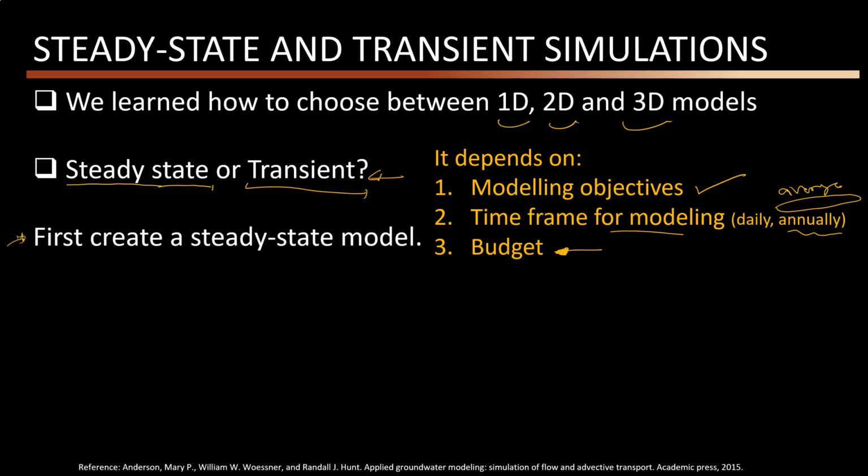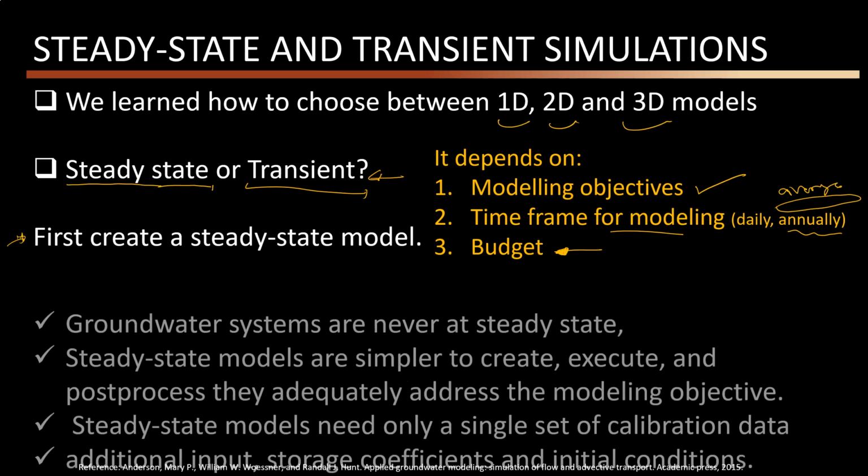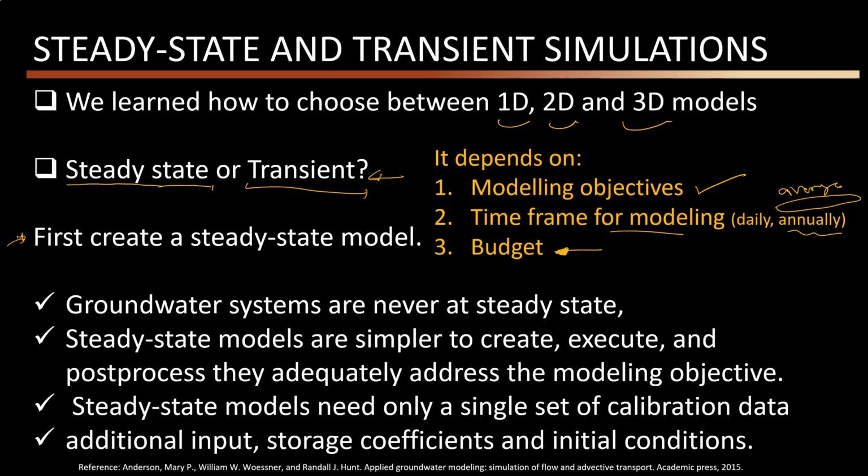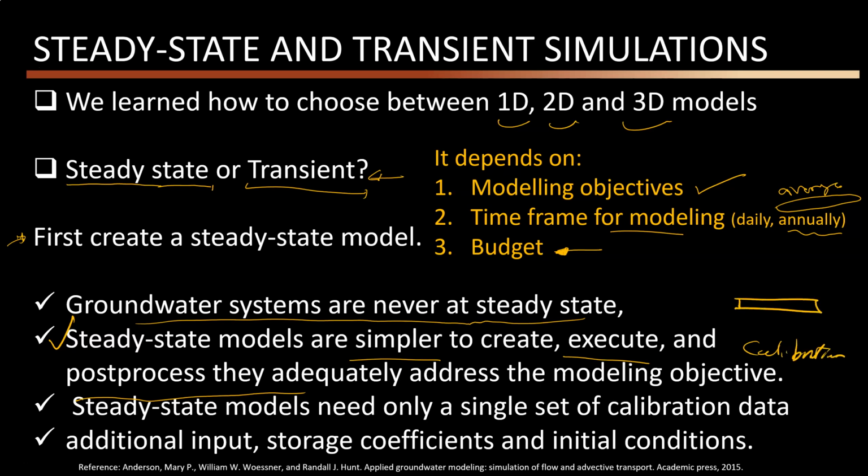So we usually start with a steady state model, but you know that groundwater systems are never at steady state. That's fine, and these are the advantages. Steady state models are simpler to create, easier to execute, and post-processing is even easier, for example for calibration, because you have just one run.